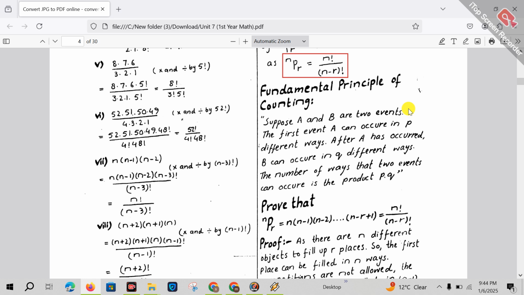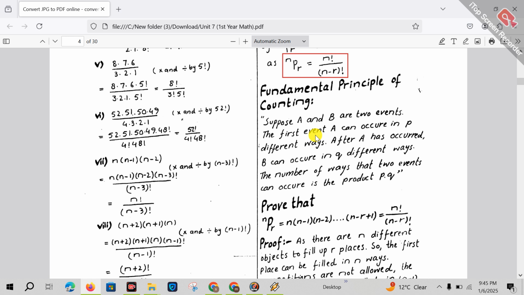Before discussing the concept of event, you should know about sample space: the set of all possible outcomes of an experiment is called sample space.